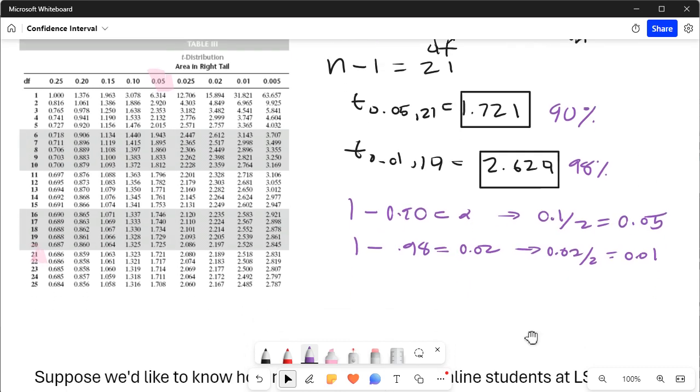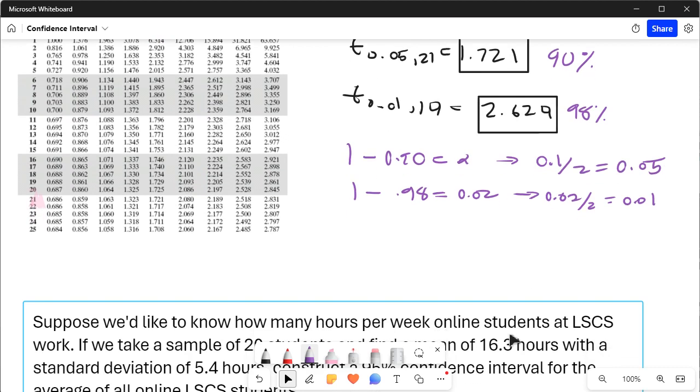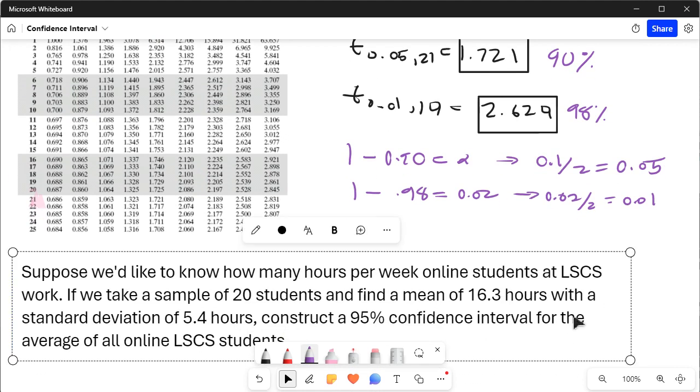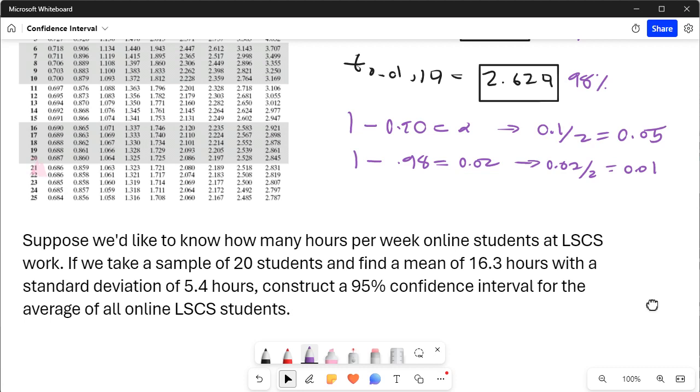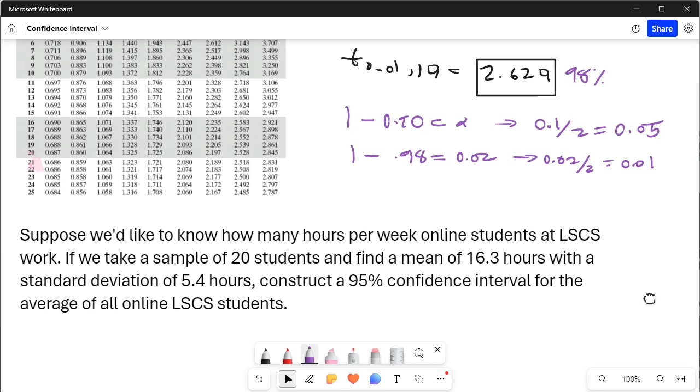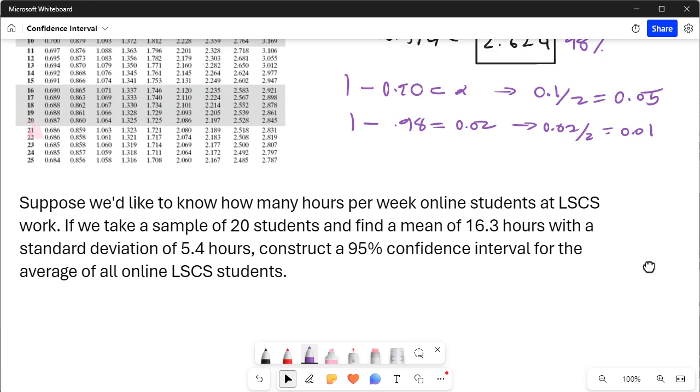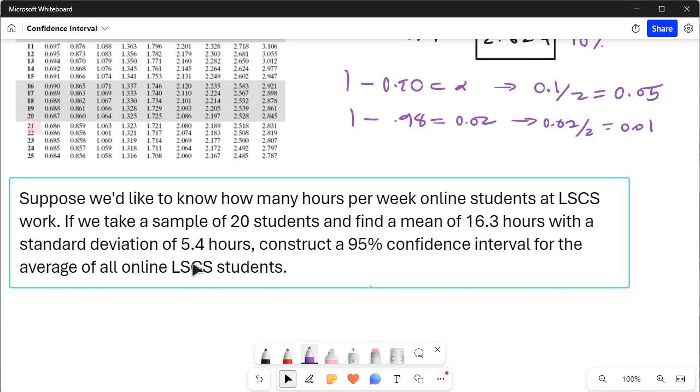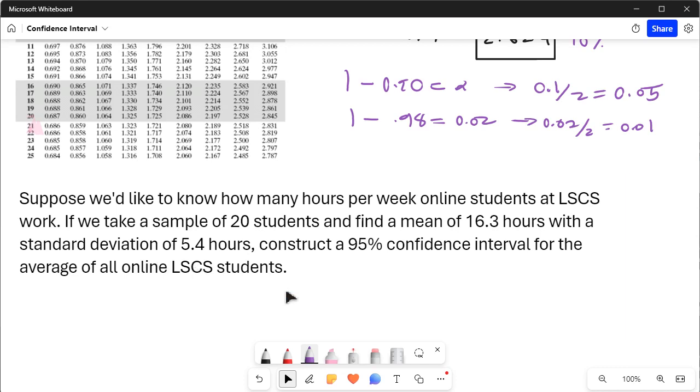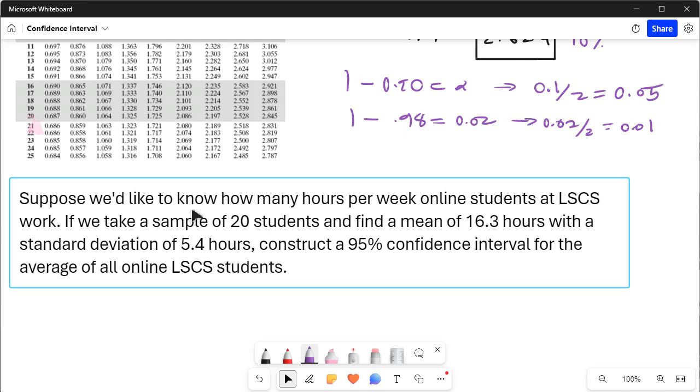Now, let's suppose that we wanted to construct a confidence interval where we determine a point estimate about how many hours a week an online student will work. So suppose we'd like to know how many hours per week online students at LSCS work.